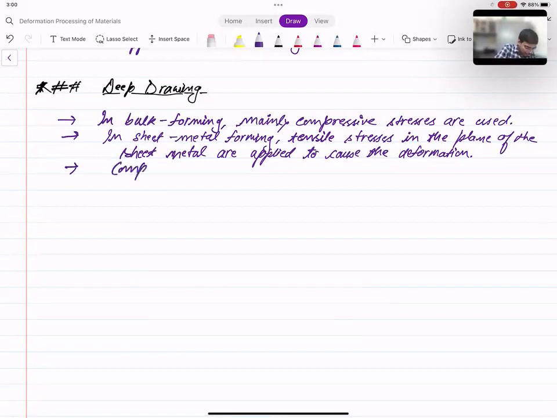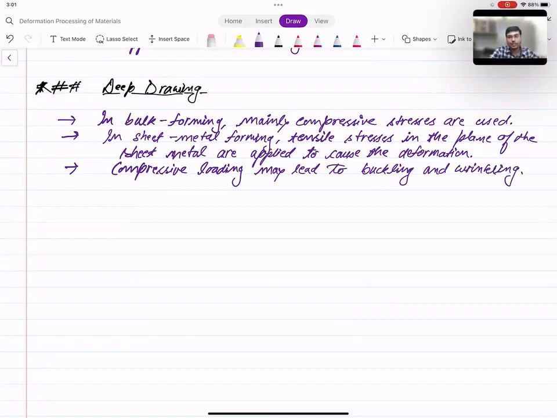Compressive loading may lead to buckling and wrinkling. So, in order to avoid this, mainly tensile stresses are used.